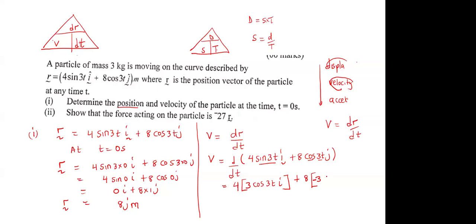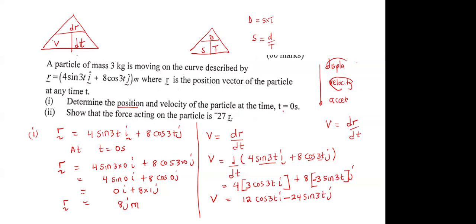So I'll have negative of sine of 3t, and this will be my j. So in simple terms, I remain with 12 cos of 3t i, then 8 times negative 3. That one will give us negative 24 sine of 3t j, and that is our v.